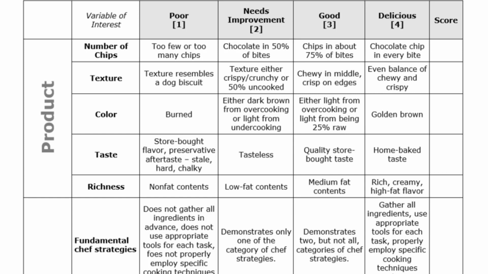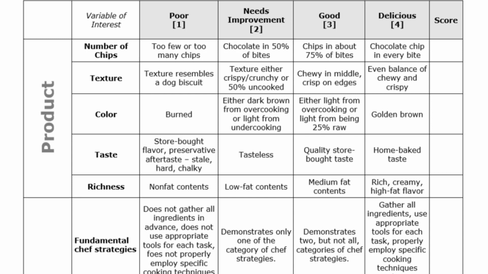And again, a poor cookie would be too few or perhaps even too many chips. And if you jump all the way to the delicious end of the spectrum, there's at least one chocolate chip in every bite. That would be at the delicious level. Although frankly, I think it should be more than just one, but that's me.